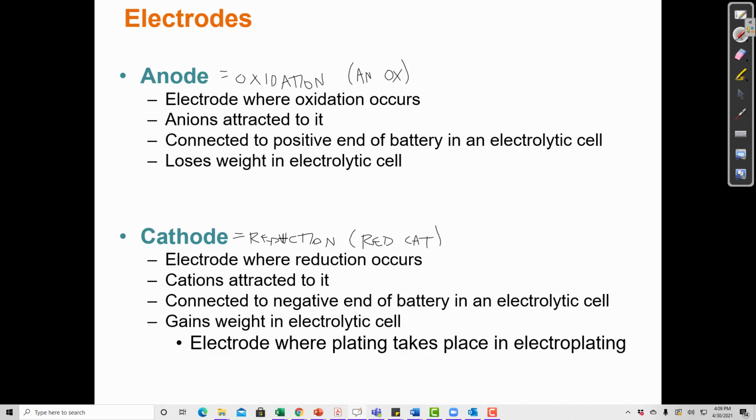And so we can remember that an anode is where oxidation occurs, and the cathode is where reduction occurs, red cat, and red cat. So anodes are negative and cathodes are positive. Just like anions are negative and cations are positive.